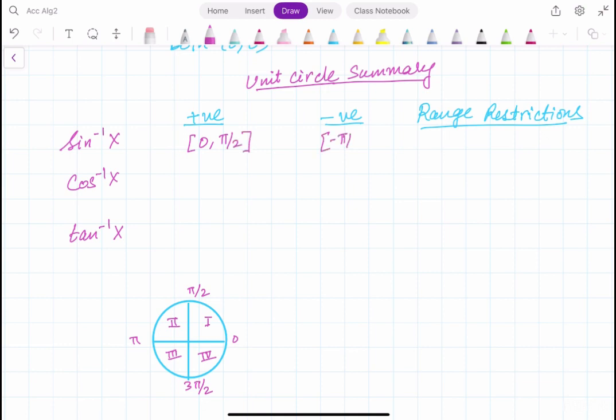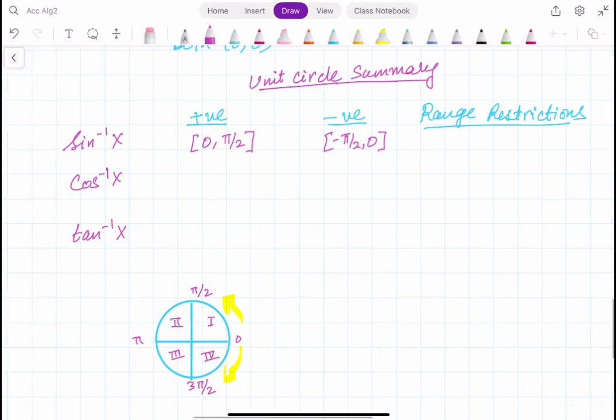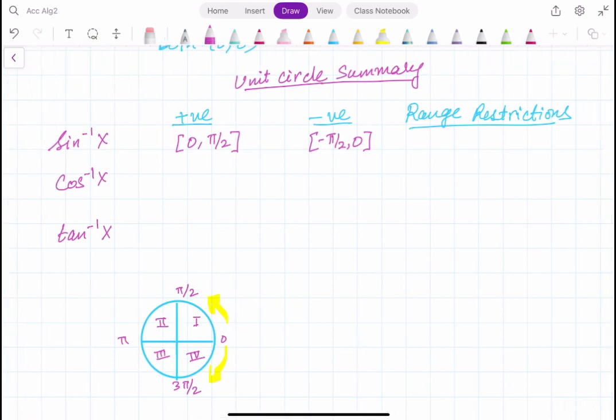Where it is negative, negative pi over 2 to 0. Or imagine that we are going backwards, the clockwise direction, right? So in the fourth quadrant, it is negative. In the first quadrant, it is positive. So the range restriction is quadrant 1 and quadrant 4. That is the range restriction.